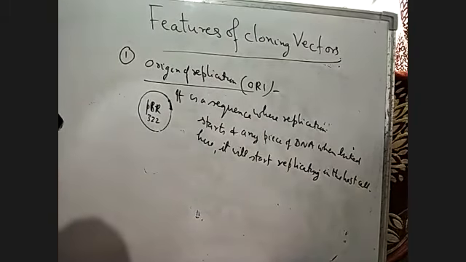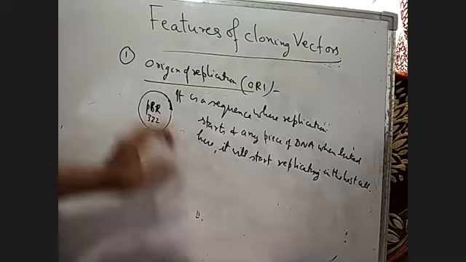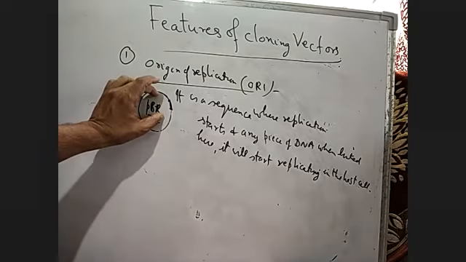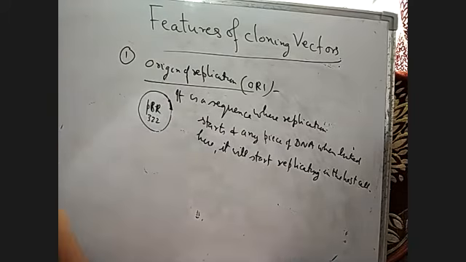Then the next point. At the origin of replication area there can be recombinant and non-recombinant DNA. Recombinants combine to form recombinant DNA, but if there is non-recombinant, then there will be no replication.